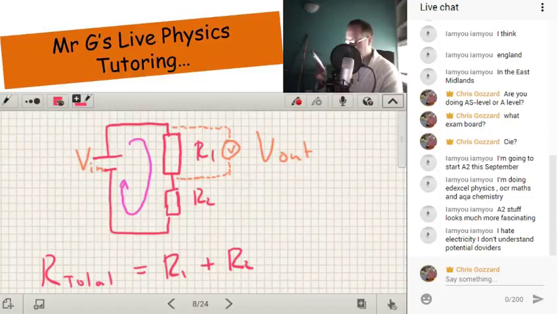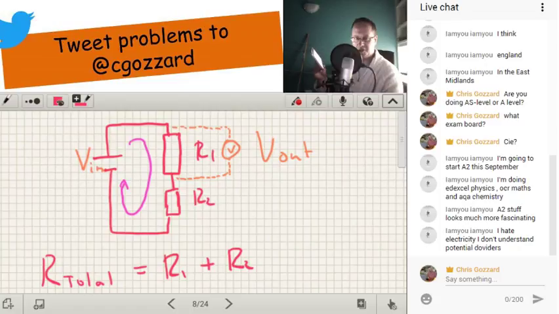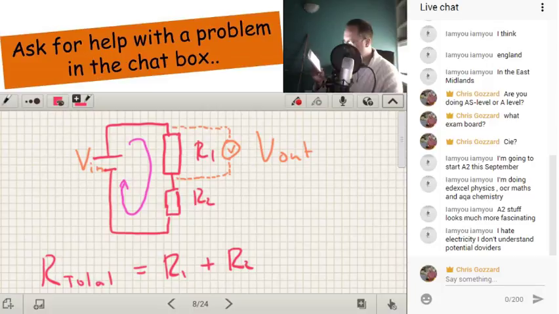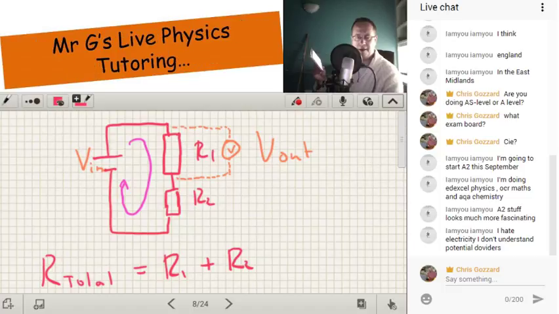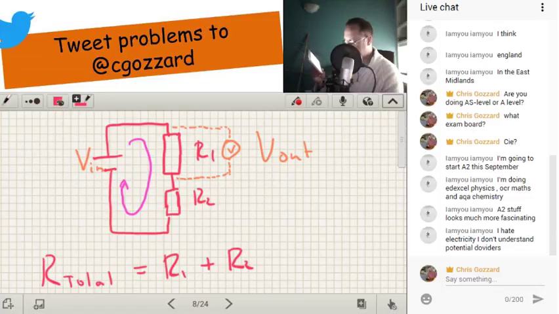V in is the potential difference going into our circuit, maybe a cell or something like that. And V out is the voltage across R1. What's the total resistance? The total resistance is R1 plus R2.